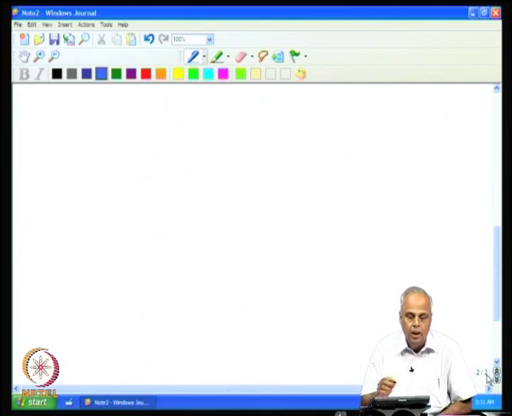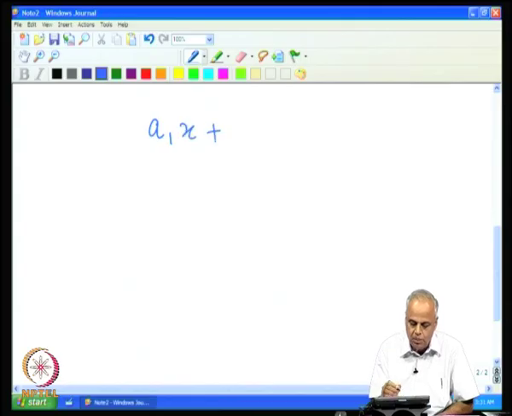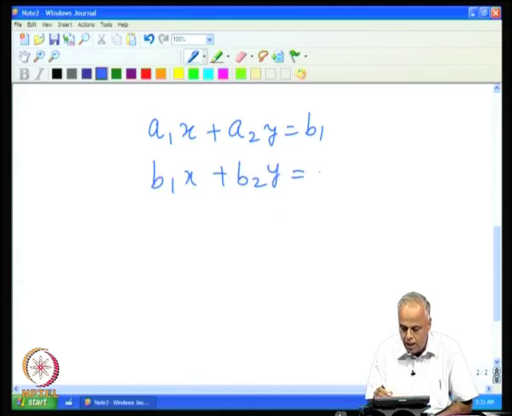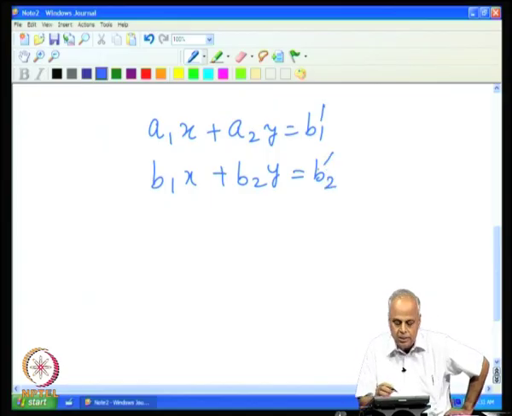Looked at from this point of view, we in general can consider a system of 2 equations in 2 unknowns and think of them as the intersection point of these 2 lines.